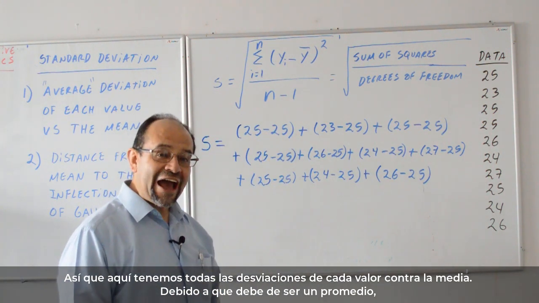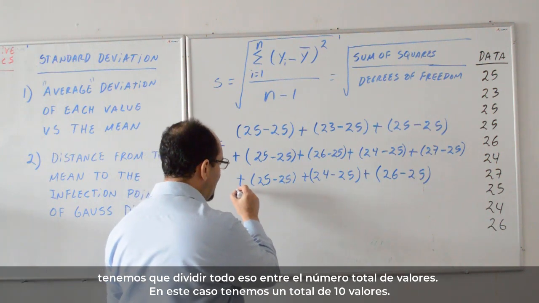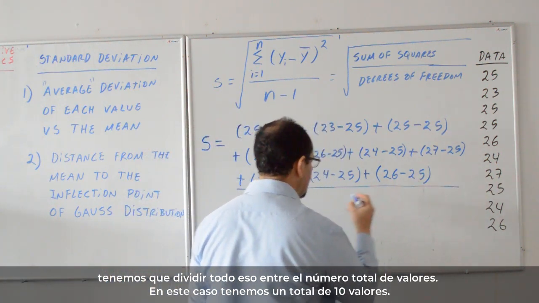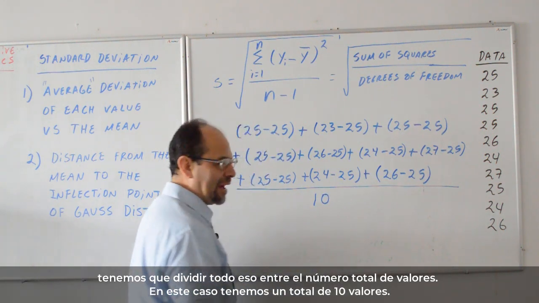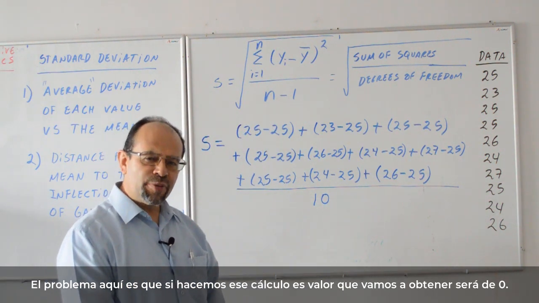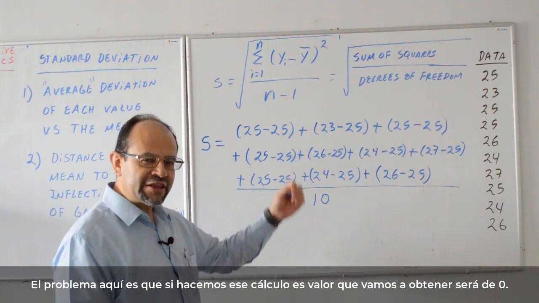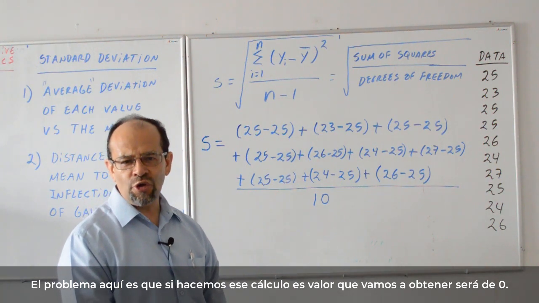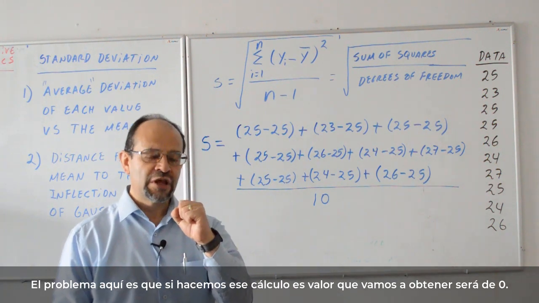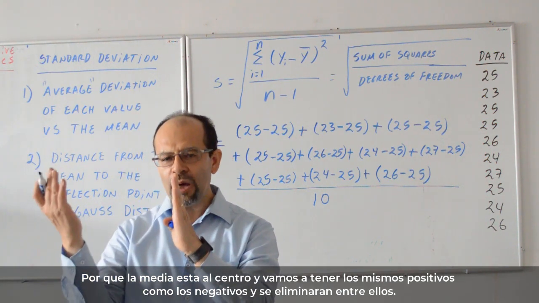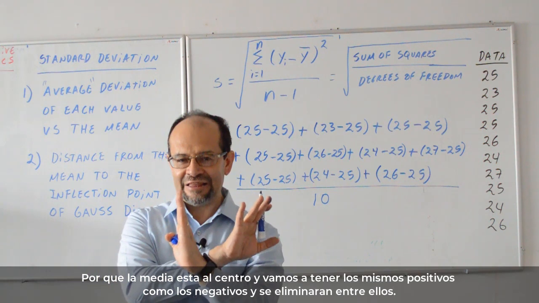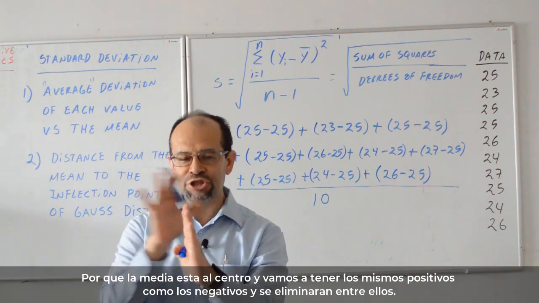And because that is an average, we have to divide everything by the total number of values. So in this case, we are having 10 values. The problem here is that if we do that calculation, the value that we are going to obtain will be 0, because the mean is at the center and we are going to have the same positives as negatives, and then we are going to eliminate each other.